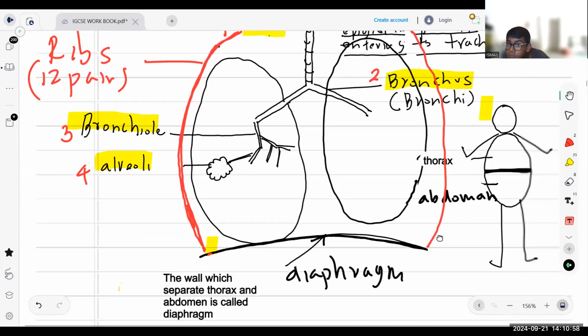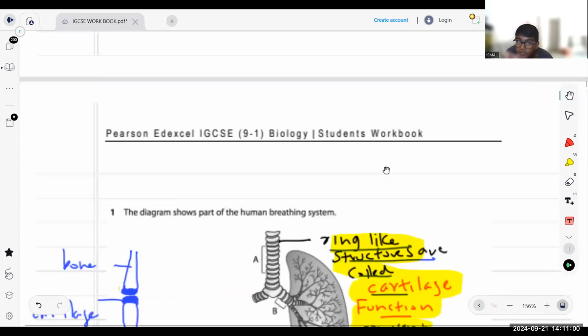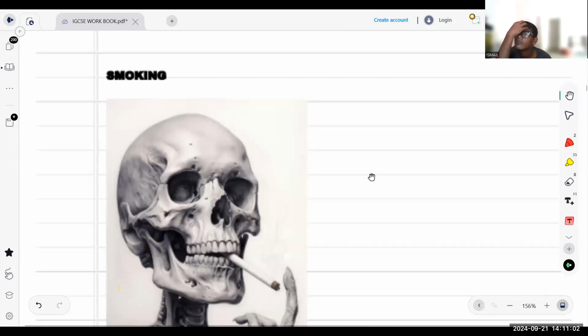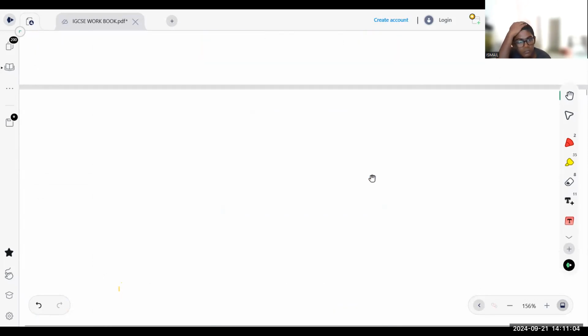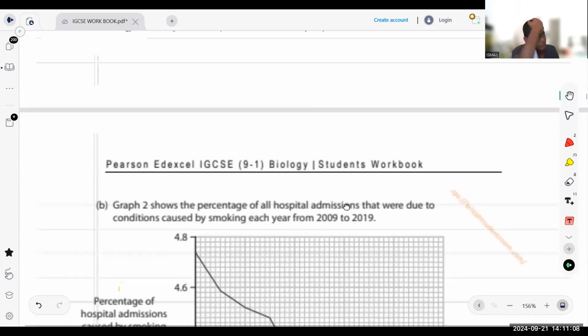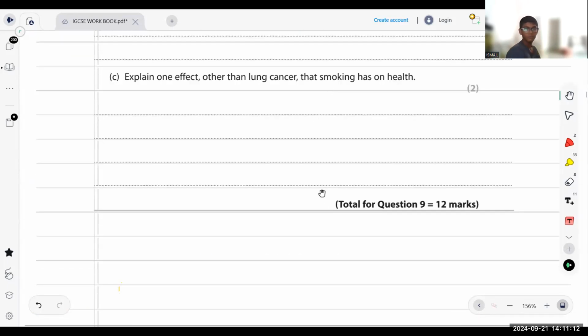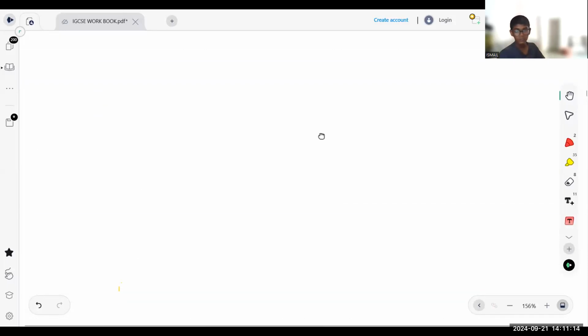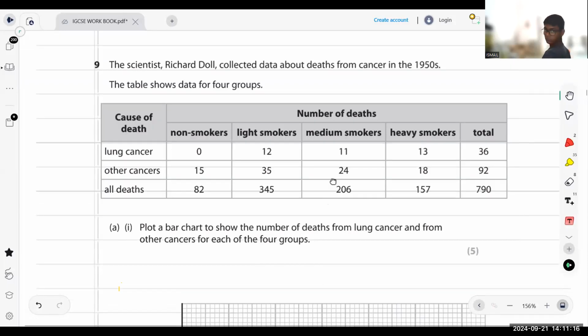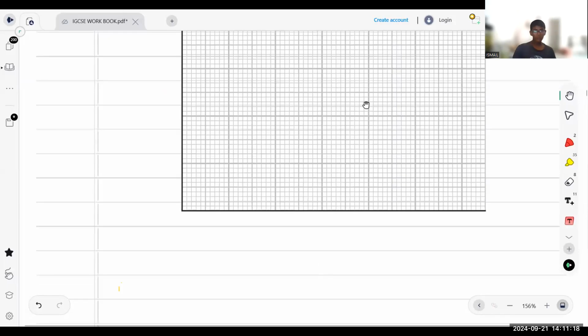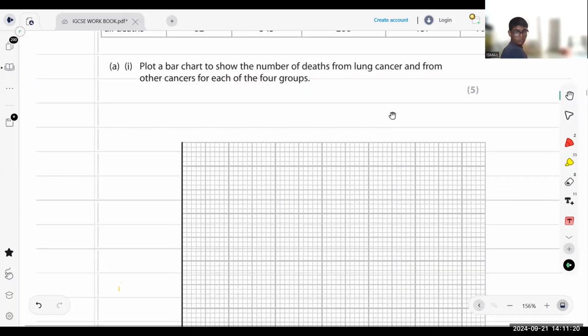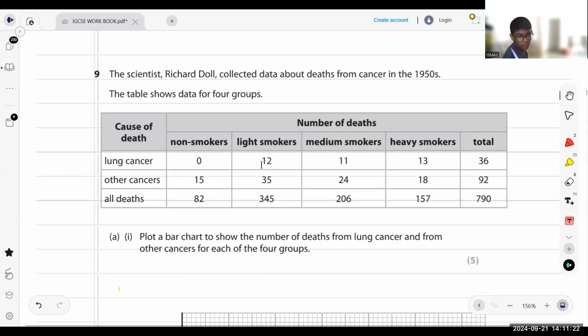Sir, no homework? So homework, you can do this. For example, I explained how to draw a graph. So you can draw this graph and come, and I will check.